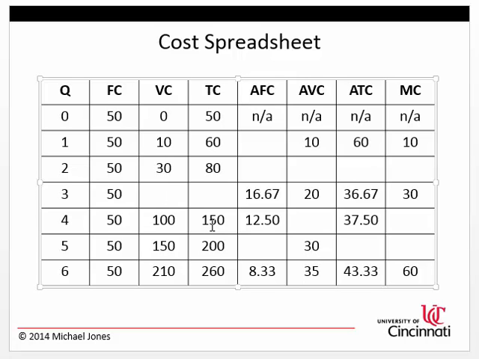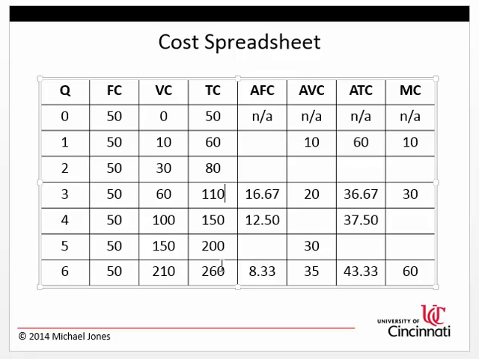I take 20 times 3, and I know that my variable cost is then 60. And now that I know that my variable cost is 60, I can sum 60 plus 50 and have my total cost as being 110. So I've completed the second, third, and fourth columns here in this spreadsheet.